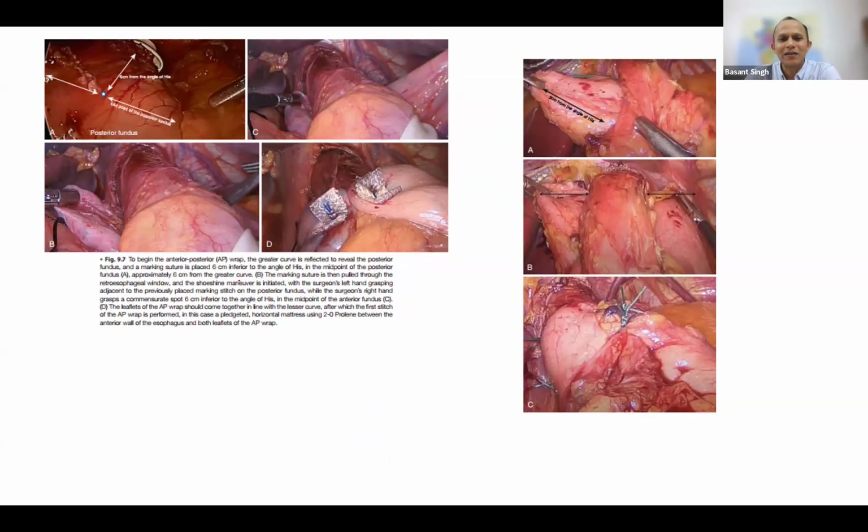That should be your fundoplication length, around the distal esophagus. It should not be very tight, it should be a floppy fundoplication. It is there in the new book. Bougie around 52 French is what they put in your fundoplication. Even for the cardia, a 52 French bougie is standard.